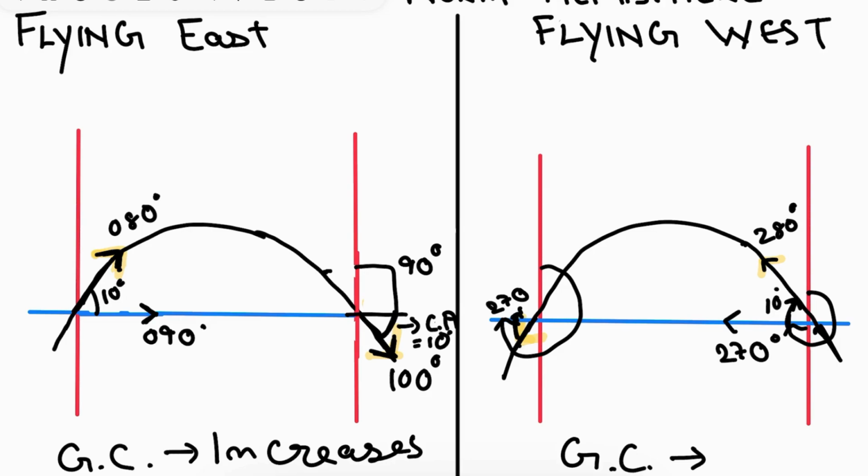If this angle is 10 degrees, then 270 minus 10 is going to be 260. So the great circle at arrival is going to be 260. So if the aircraft is flying in the north hemisphere in the western direction, then the great circle decreases from the departure to the arrival.